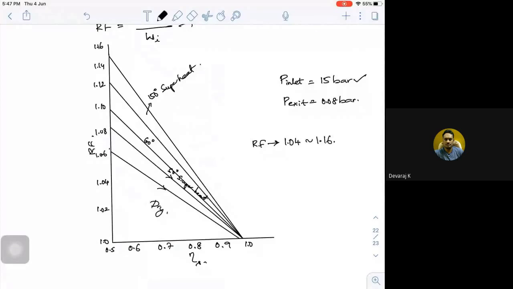So this may be your dry steam. This may be a superheated steam at a very high degree of superheat. Okay, so this we call the effect of stage efficiency and superheat on reheat factor. The more the reheat factor, the better your turbine will work.